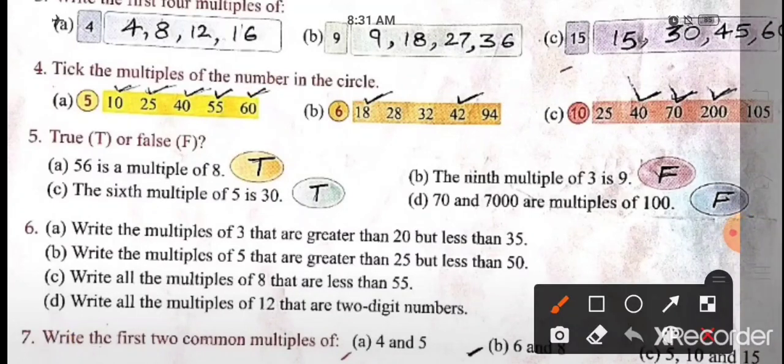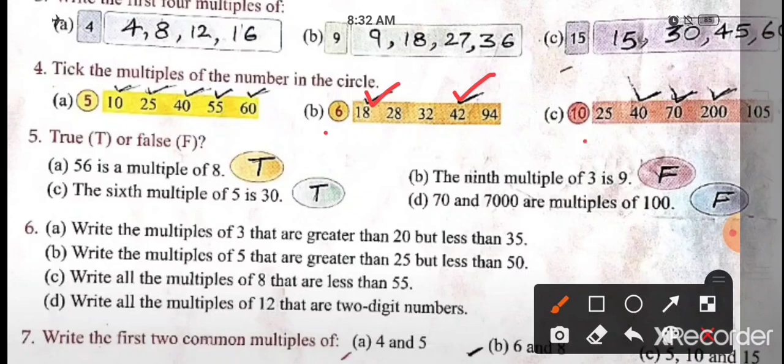Now the next is 6. So read the table of 6. 6 ones are 6, 6 twos are 12, 6 threes are 18. So tick 18. 6 fours are 24, 6 fives are 30, 6 sixes are 36 and 6 sevens are 42. Then 42 is also a multiple of 6.